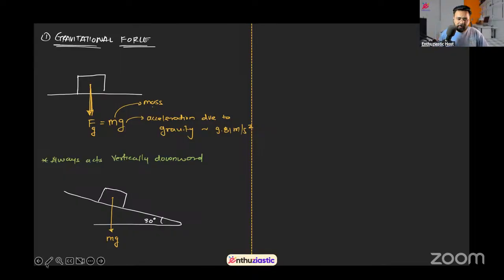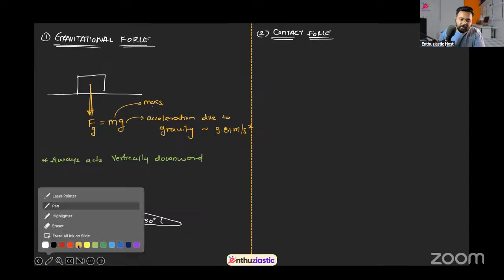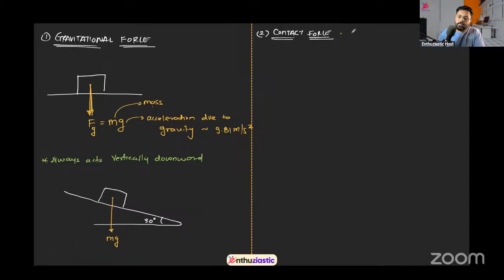What was the next part? Do you remember? Yes. The next force is called contact force. It is the force that comes into picture when two bodies touch each other.